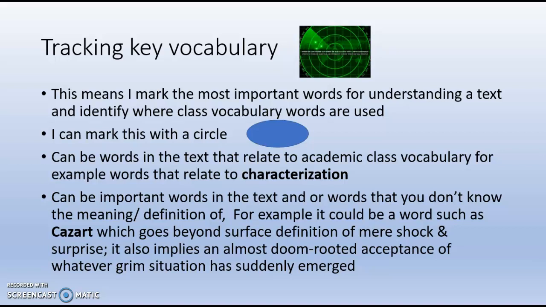So you could circle words that relate to this class vocabulary word, or you could also circle words that maybe you don't know the meaning of. So for example, I have the word kazart, which goes beyond the definition of mere shock and surprise. Kazart also implies an almost doom-rooted acceptance of whatever grim situation has suddenly emerged.